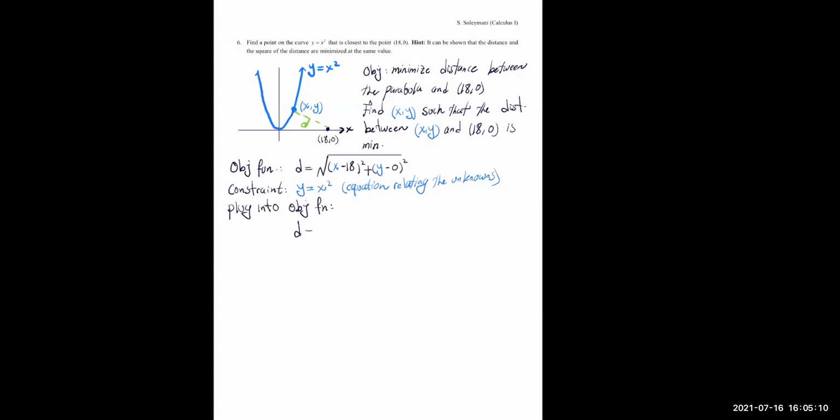So you get d equal to the square root of (x minus 18) squared plus, here x squared goes in for y, so you get plus (x squared minus 0), the whole thing squared, square rooted.